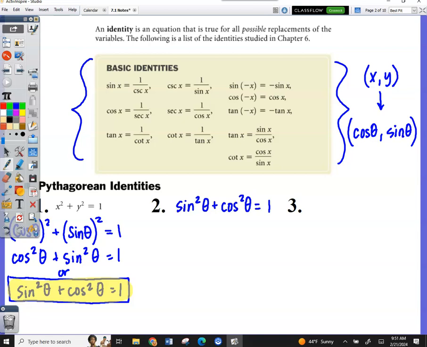You can do anything you want to an equation as long as you do it to both sides, right? So in this equation, I'm going to divide everything by sine squared. Don't ask why. So I'm going to show my work by doing that. I'm going to divide this by sine squared, divide this by sine squared, and divide this by sine squared.